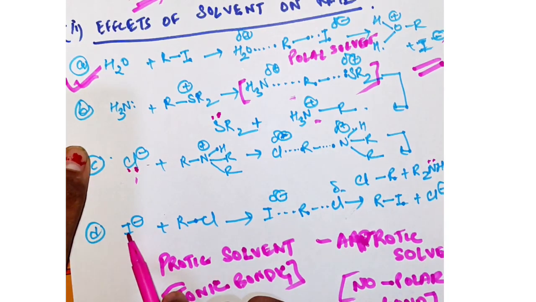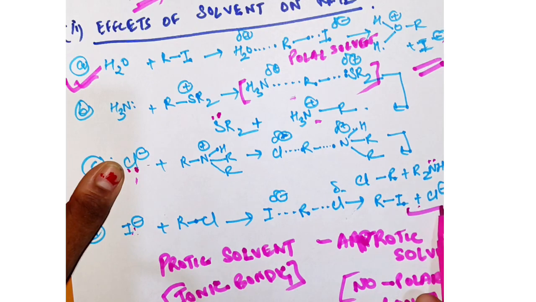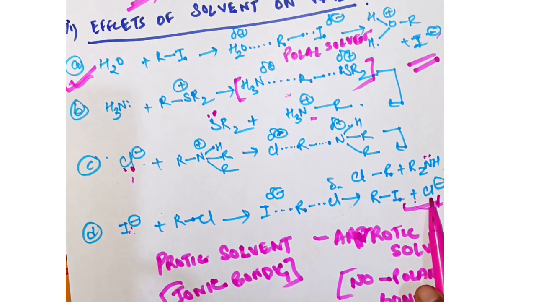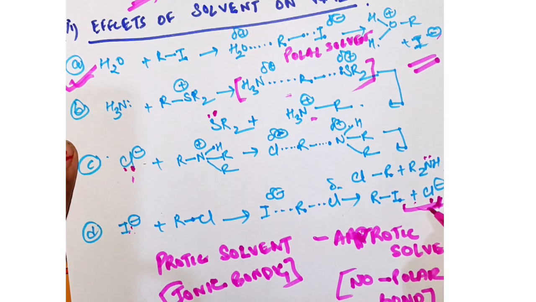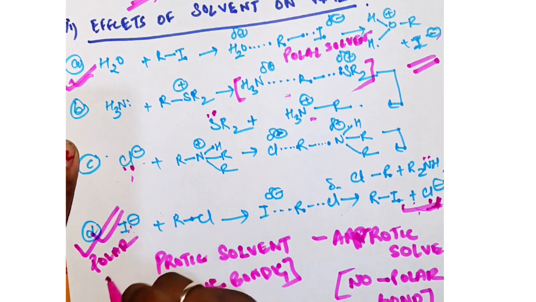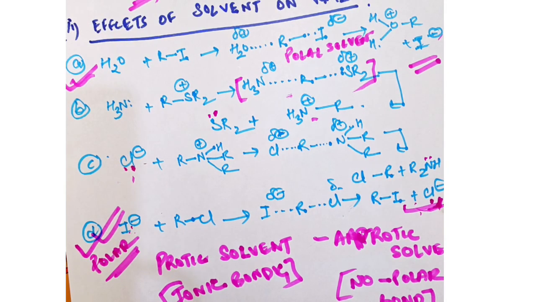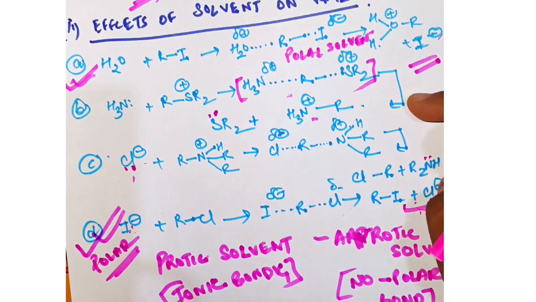In the last case also, there is an anion replacing, but again an anion is formed in the reaction medium. So if there is a polar solvent, the rate of this reaction will increase a little bit, but for the two middle cases it will remain the same.